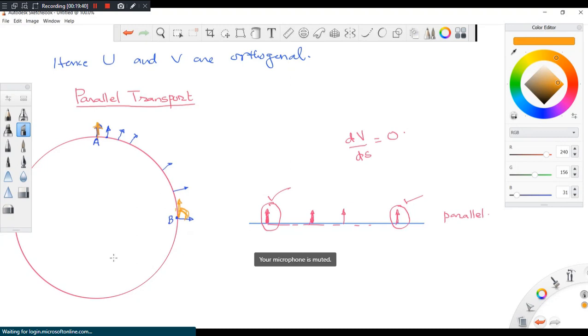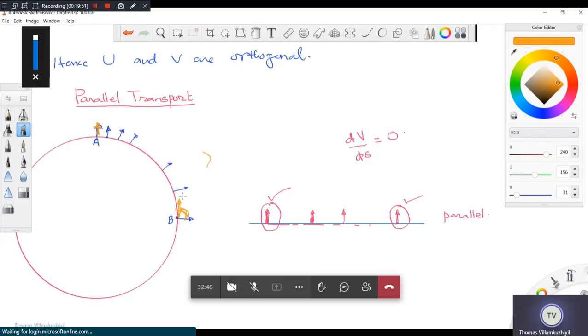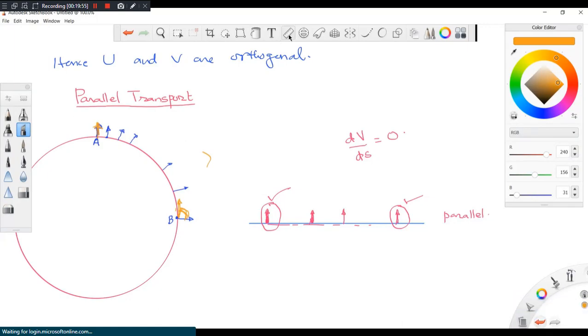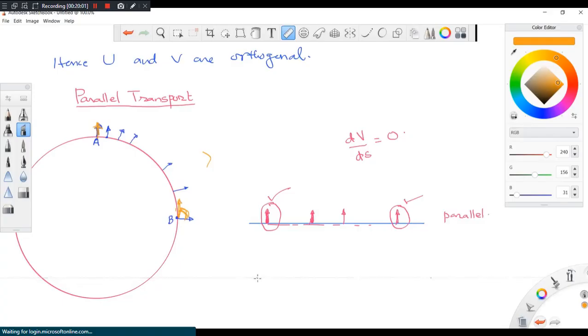Now the question is, in a straight line or in a flat space, you can take a vector. The vector need not be perpendicular. Let me consider another vector, something like this.